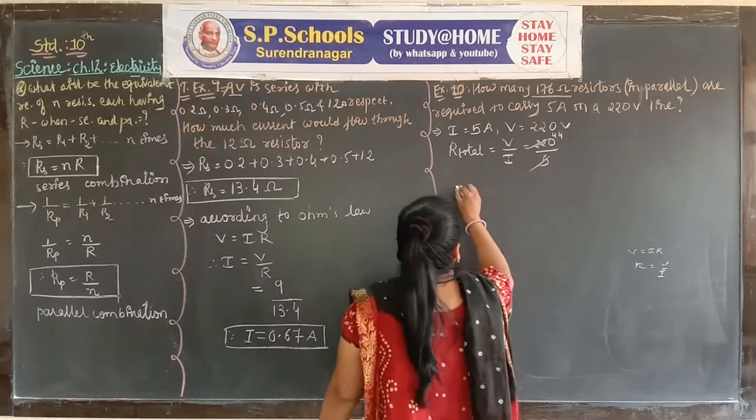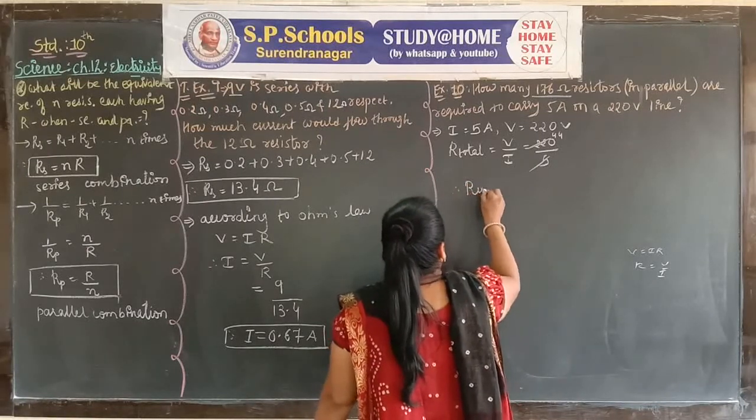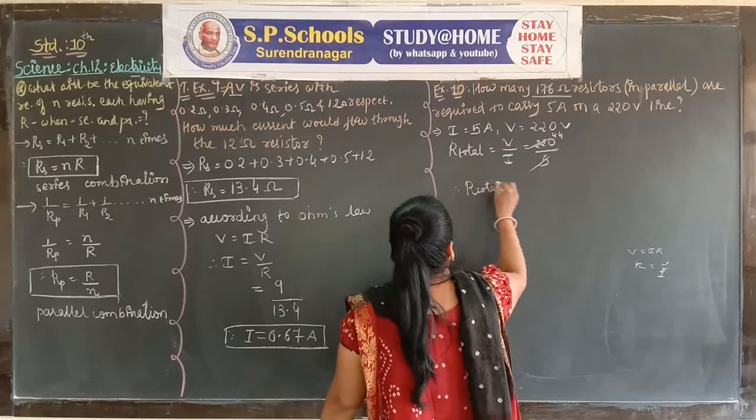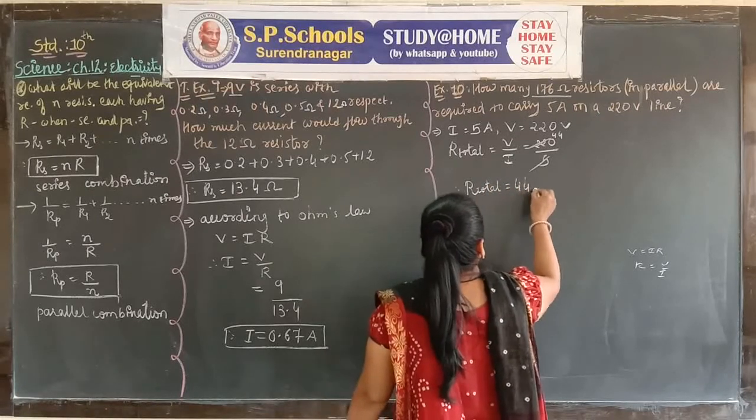So here we get R total is equal to 44 ohm.